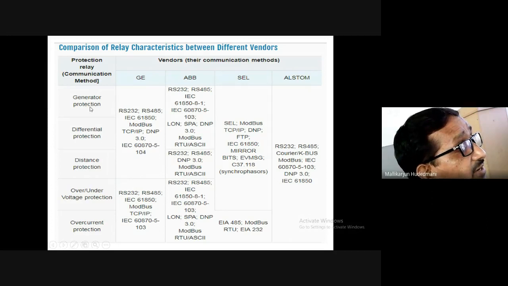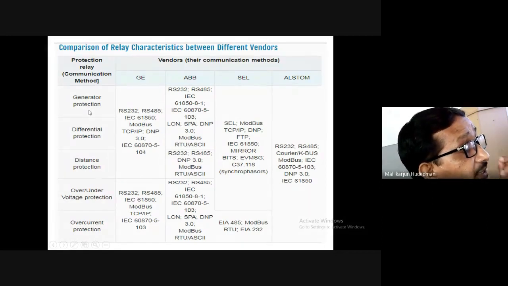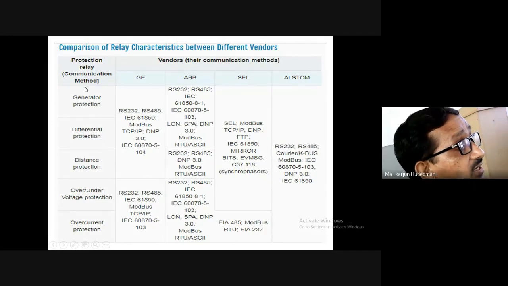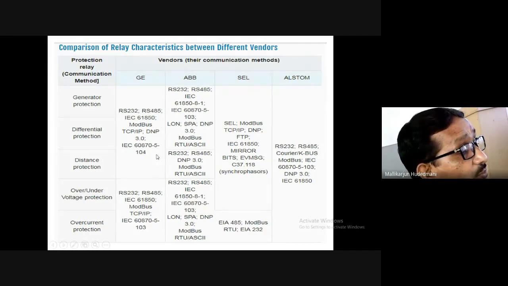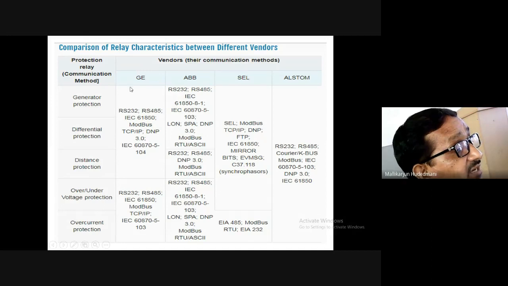Then how different manufacturers look at this as an opportunity to develop their control on generator protection, for example General Electric: how they are using, what are the protocols they are practicing to work on generator, differential protection, distance protection. These are the playing parties.